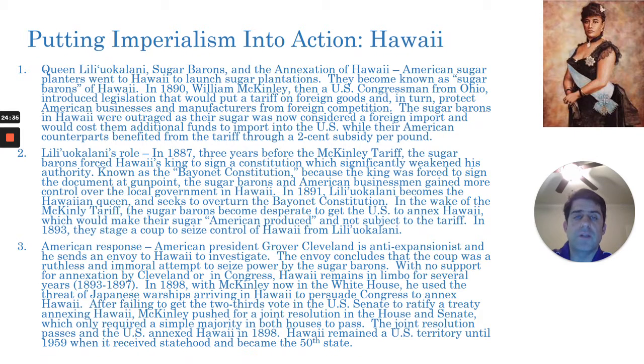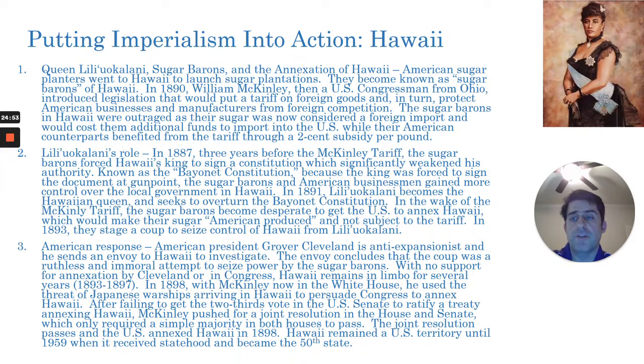So before we take a look at what the sugar barons did to overcome this problem, I want to go back a few years to 1887, 3 years before the McKinley tariff was introduced.